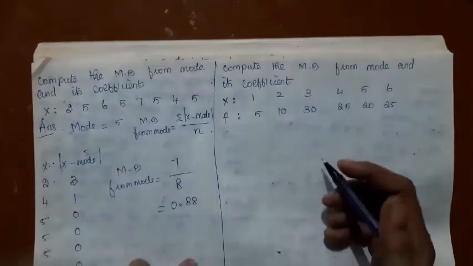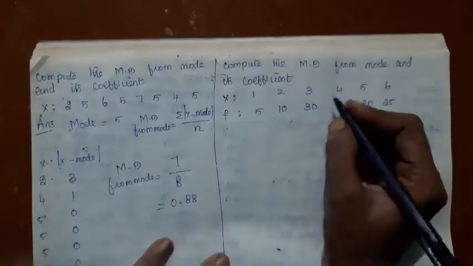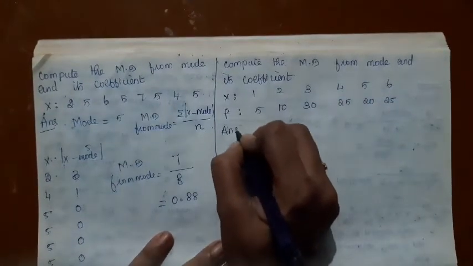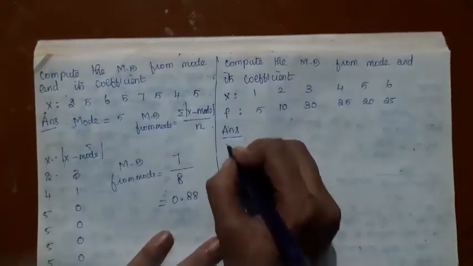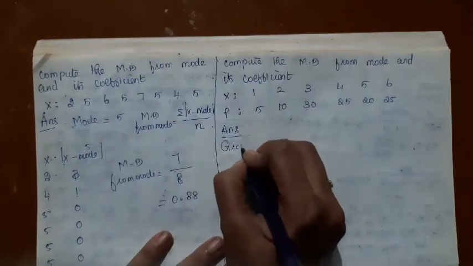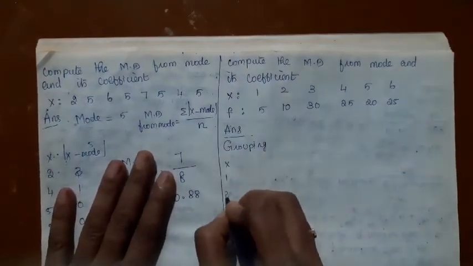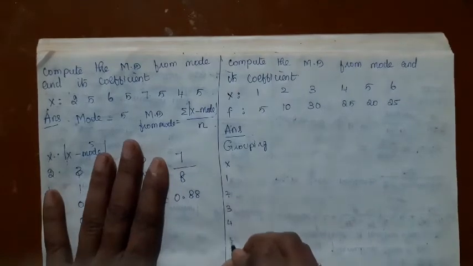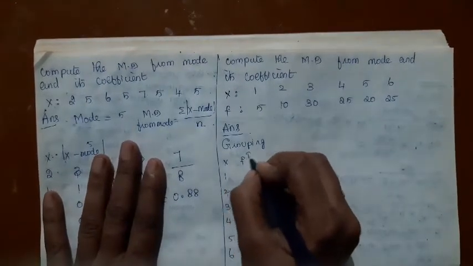Now consider this problem. You are supposed to compute the mean deviation from mode, for which first the mode has to be computed. You cannot just locate it by inspection for a continuous or for a discrete series. Frame a grouping table. Write the x values in the first column, in ascending order. Yes, they are in ascending order.